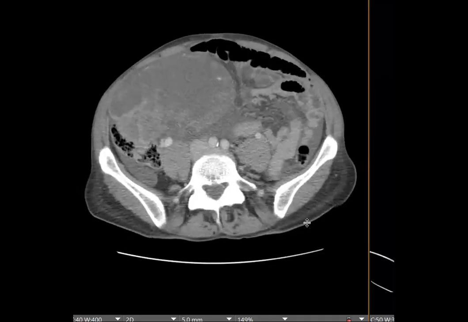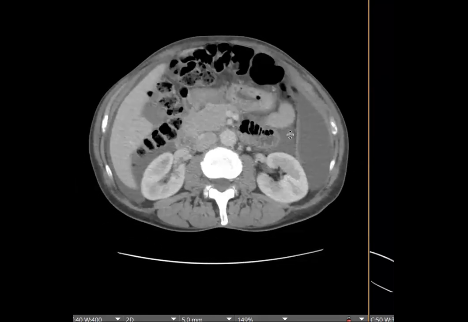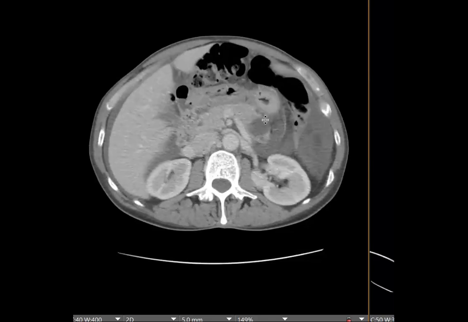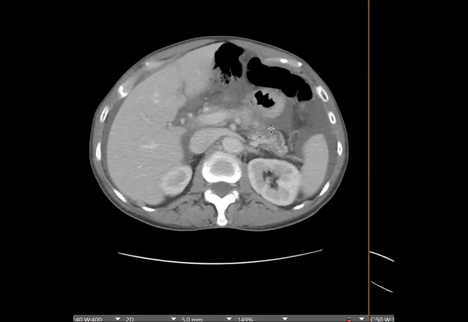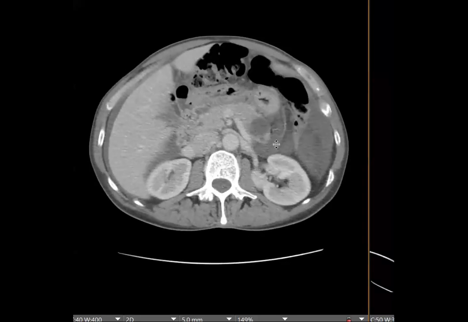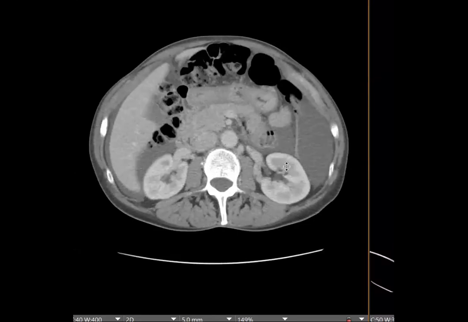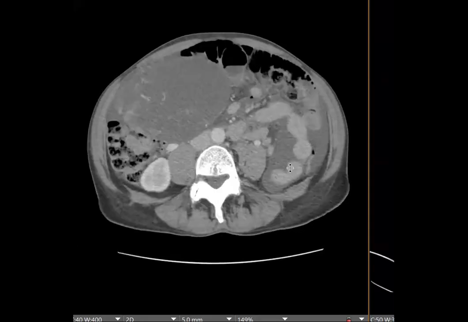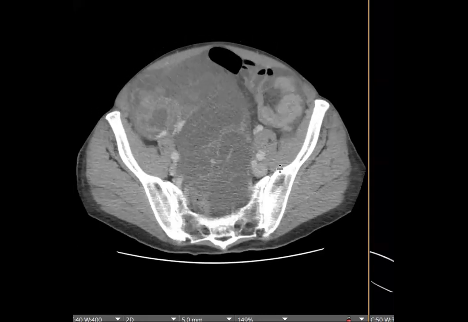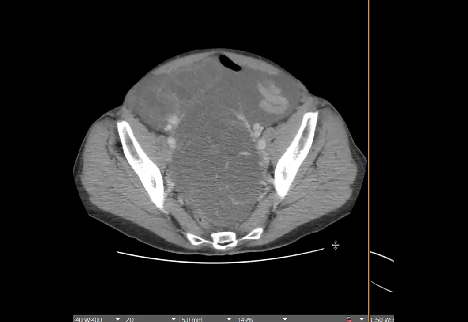So I'm going to go back slowly and show you the region of the pancreas. So you see this small cystic mass in the pancreatic tail, and there is some upstream dilation as well to prove that it is within the pancreatic parenchyma. So it turned out that this was a pancreatic adenocarcinoma, mucinous subtype, and this was the reason giving rise to large mucinous metastases to the ovaries.